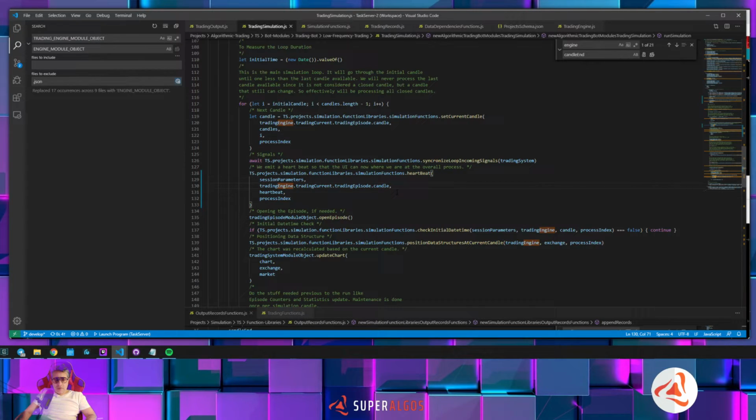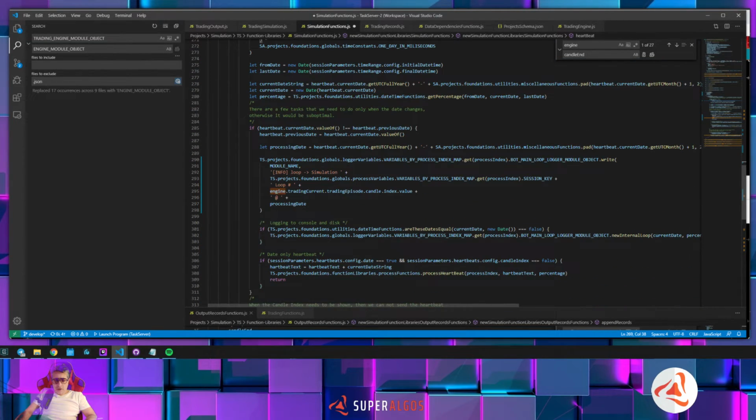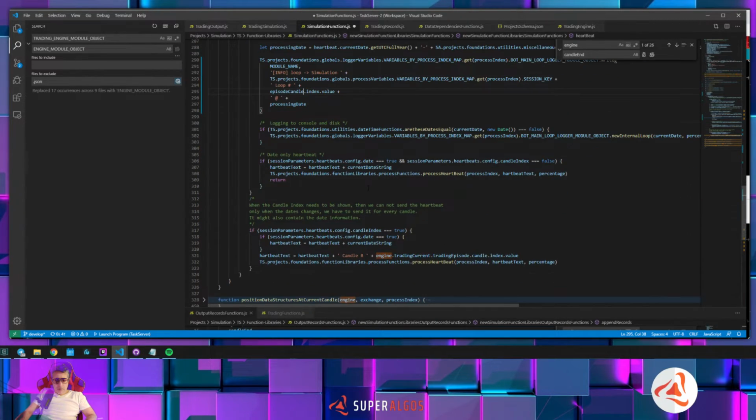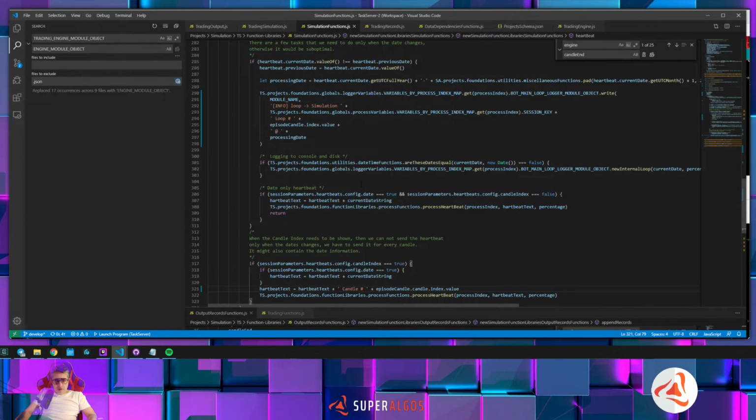Episode candle. So that means that here we will have episode candle. That means that here we will have episode candle. This is the episode candle. And this is the episode candle. Okay, so this function is done.